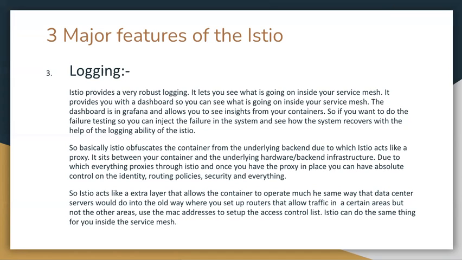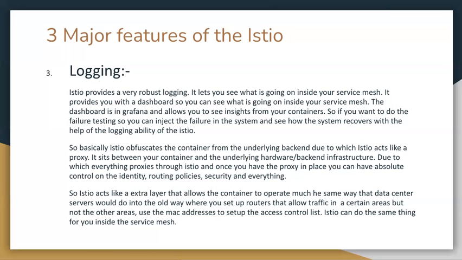Once you have the proxy in place, you have absolute control over identity, routing policies, security, and everything, because now everything is routing through this proxy, and you can get these metrics and endpoints which will show you in a more recognizable way. That way, you get all the control over the traffic routing through your service mesh.